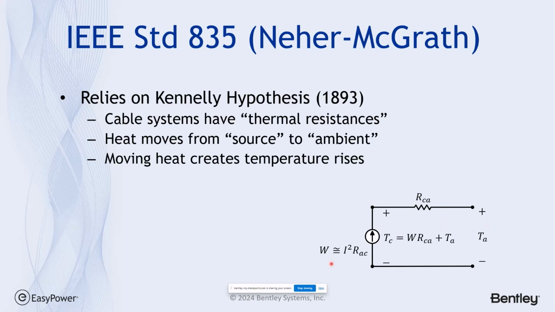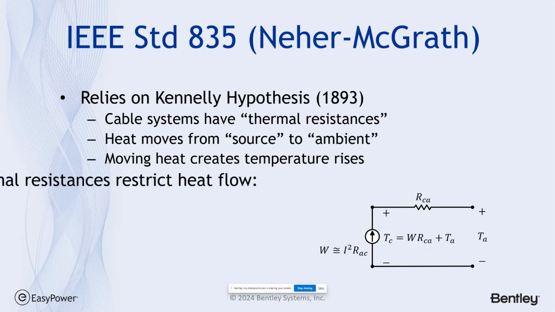The heat is generated by I squared R losses in our conductors primarily, and our ambient temperatures are fixed at some temperature, usually 30 or 40 degrees C. So the conductor temperature overall is dependent on the heat produced by our sources of heat, e.g. our cables and their loading, and then the thermal resistance of the insulation medium.